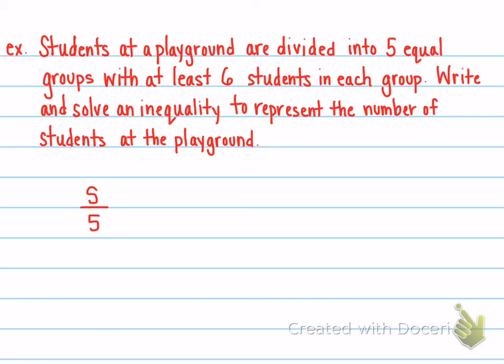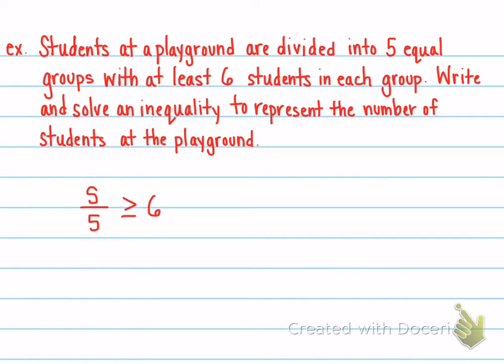Now what we have to do is decide. It says with at least 6 students in each group. That means there are going to be 6 or more students in each group. So that this has to be greater than or equal to 6.